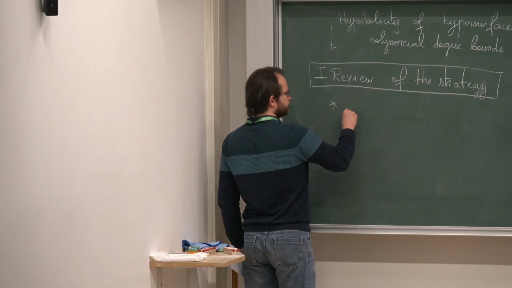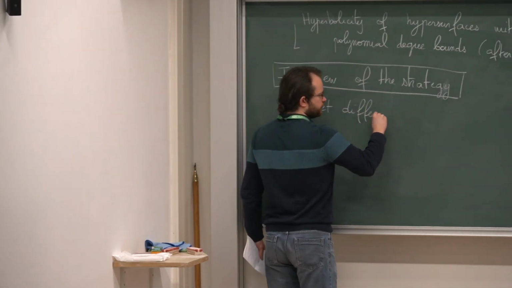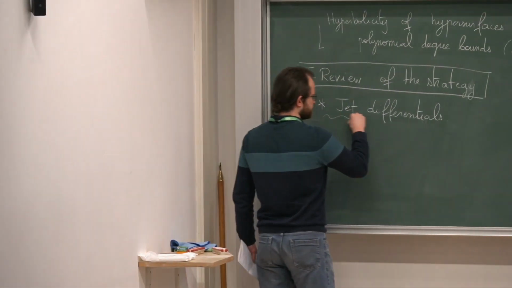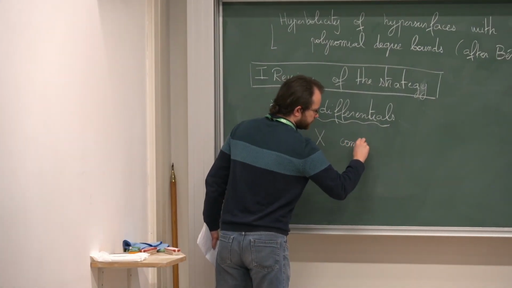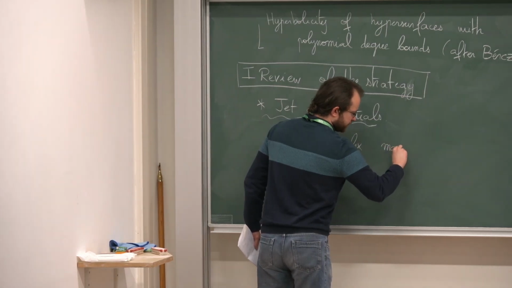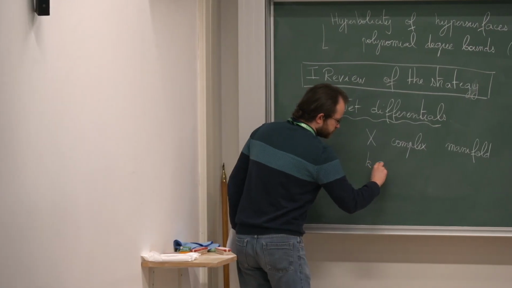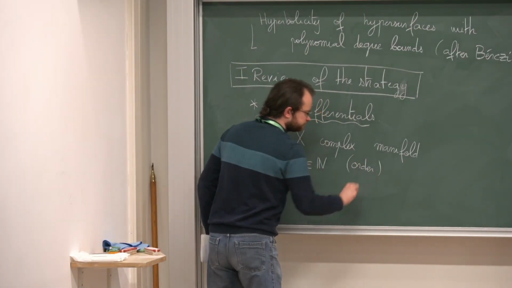So let me recall a few things about jet differentials, jet spaces. So pick X a complex projective manifold. Well, projective is not necessary for the time being. So, a complex manifold, say. I will choose an integer, which will be the order of the jet spaces we are considering.